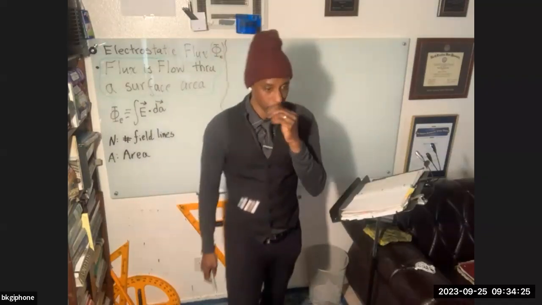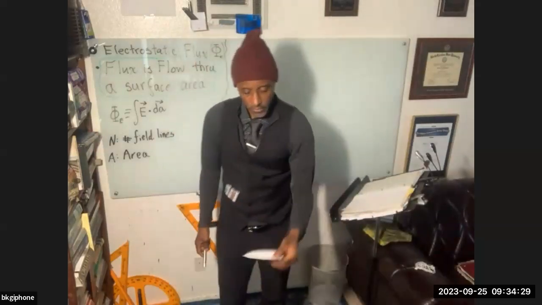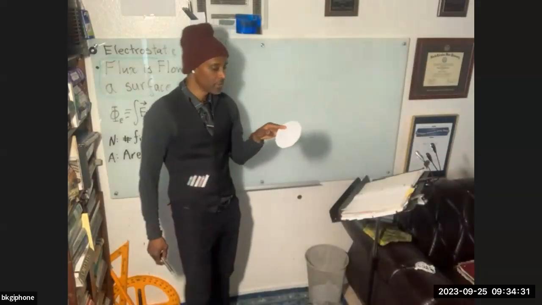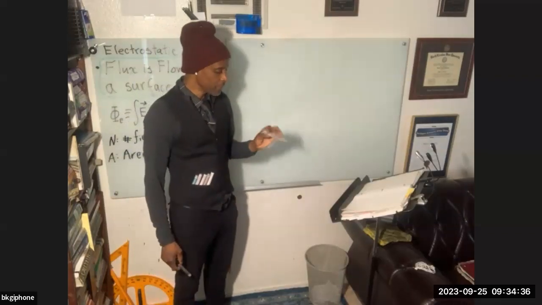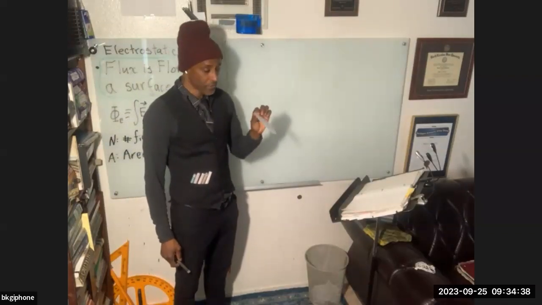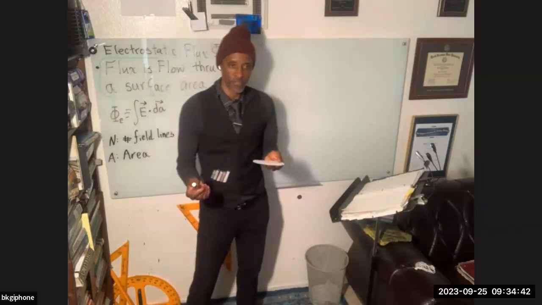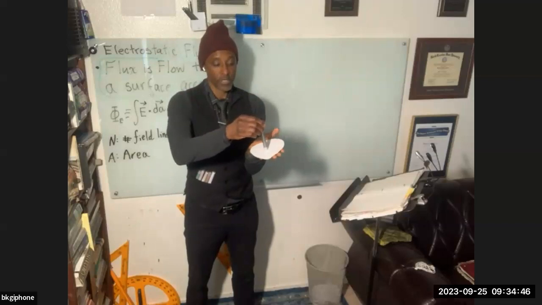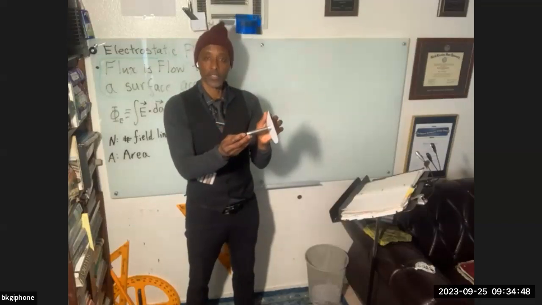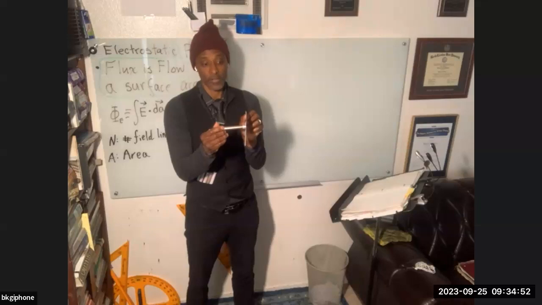If I have a flat surface like this circular piece of paper, then it has two surfaces, the front and the back. And we define the direction of an area as the direction that is perpendicular to that surface. So for side one, the direction would be, I guess, to your left, the side that I'm pointing to here.